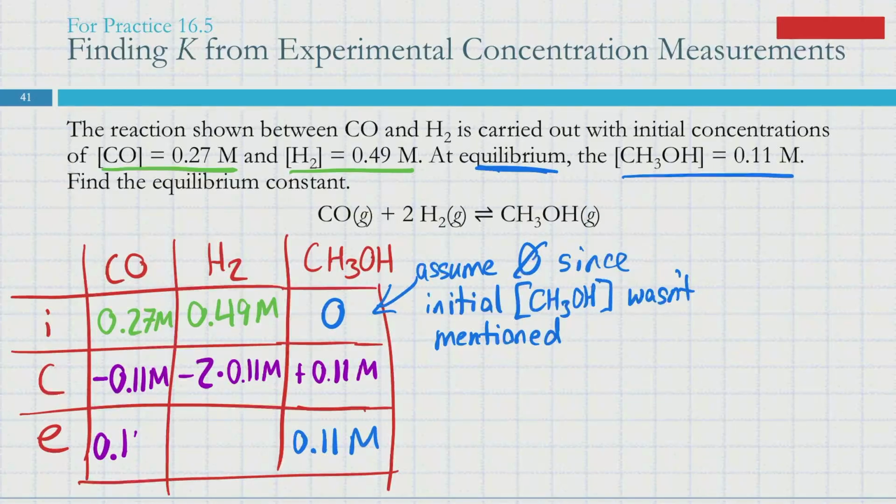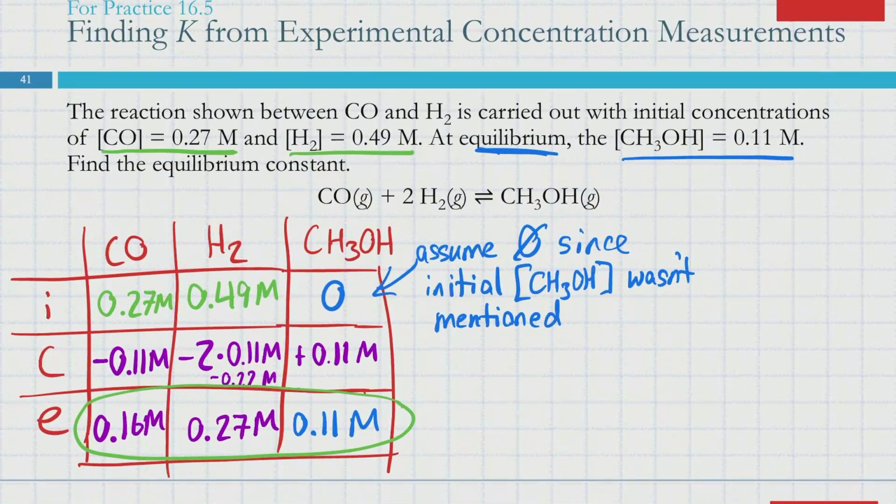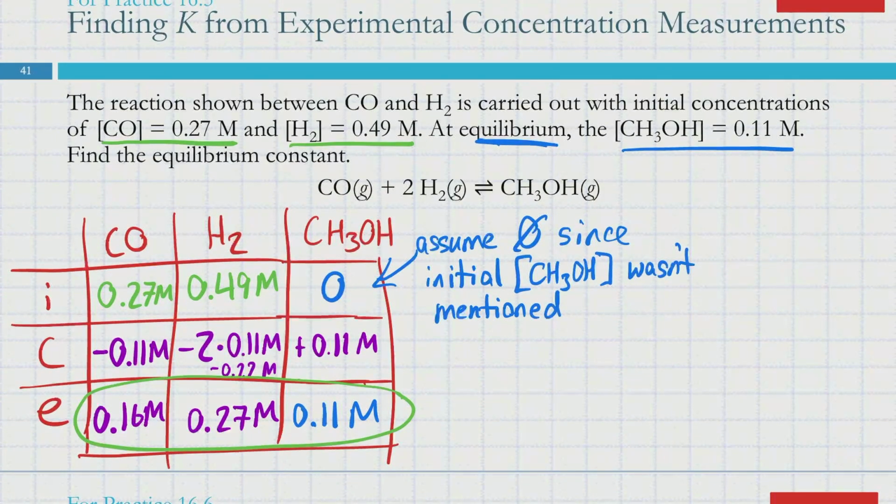So 0.16 molar. We're losing 0.22 molar for our H2. So 0.27 molar. And then we're going to use our equilibrium concentrations in our equilibrium constant expression that we get to come up with.